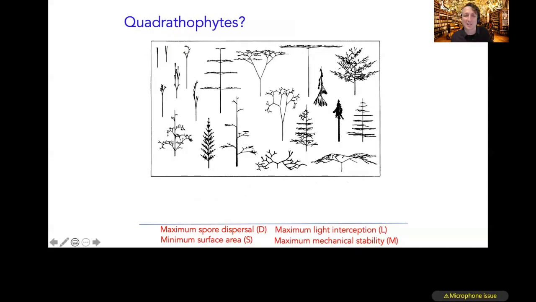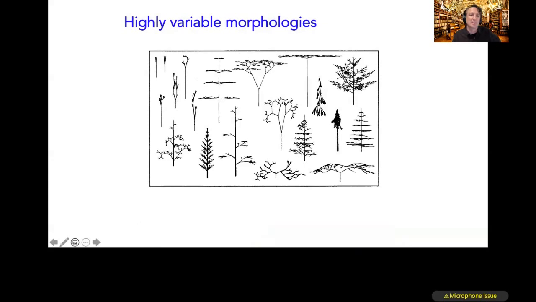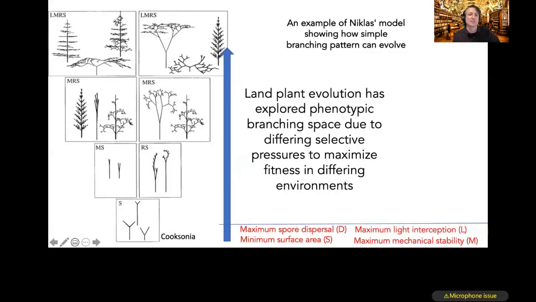Here are the phenotypes if we select on those that do best on all of these together. And if you notice, the more different tasks we select on, a lot of these phenotypes start to look like things that we would encounter in our everyday life, in terms of real plants, right? So notice what happens when we select for more of these tasks, or optima. We get these really highly variable morphologies.